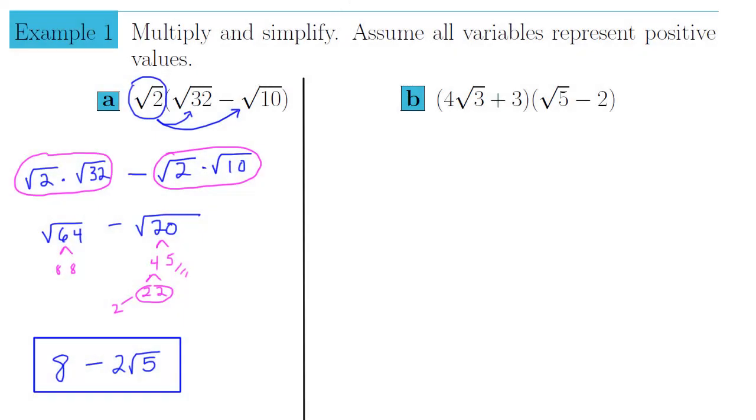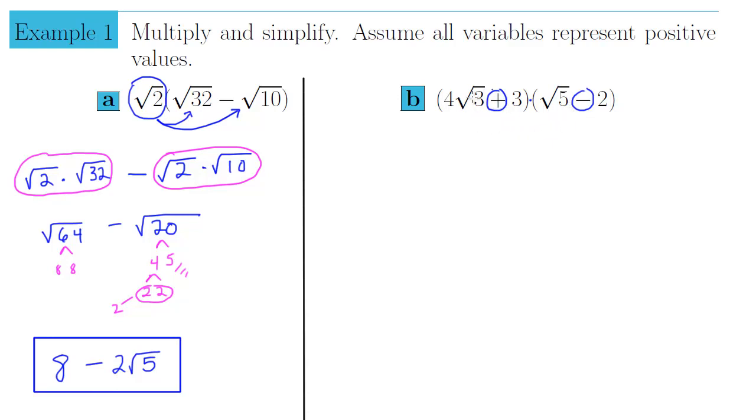So for part B, we have slightly more complicated radical expressions to multiply. We have 4 root 3 plus 3 times root 5 minus 2. Because of this plus and this minus, we're actually multiplying binomials.